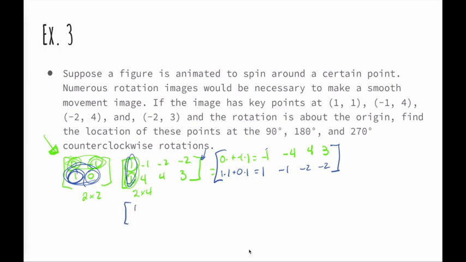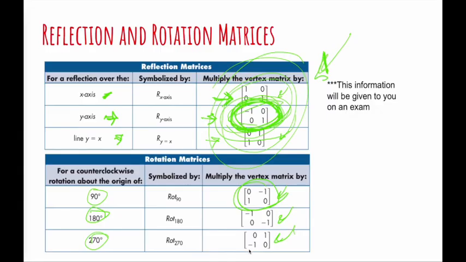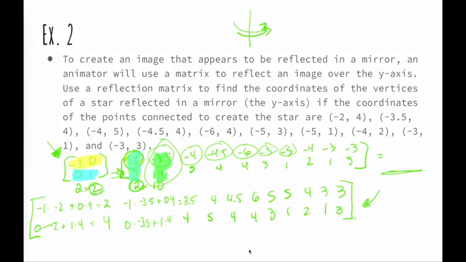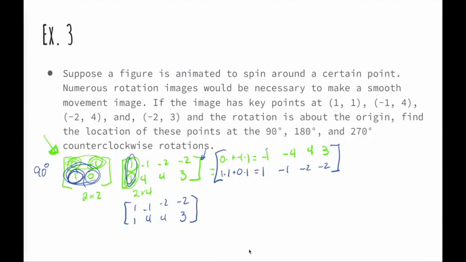If we're going to do it for 180, the matrix for 180 is -1, 0, 0, -1.